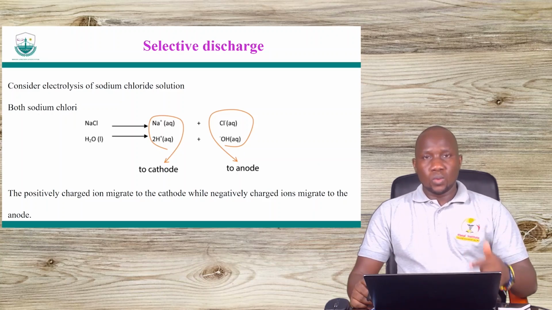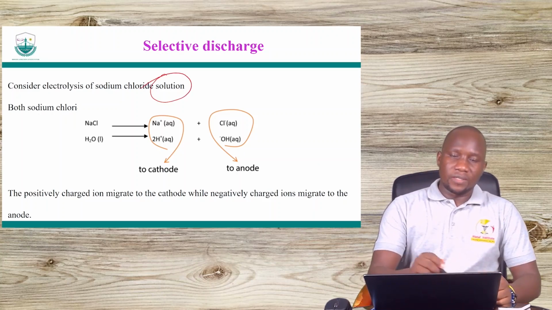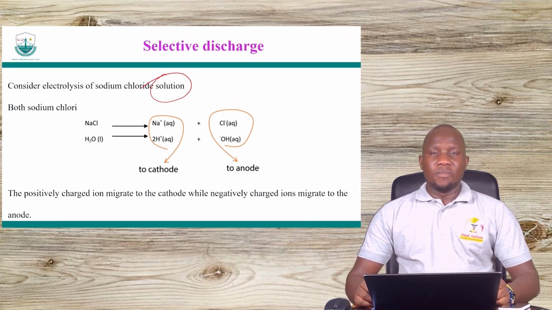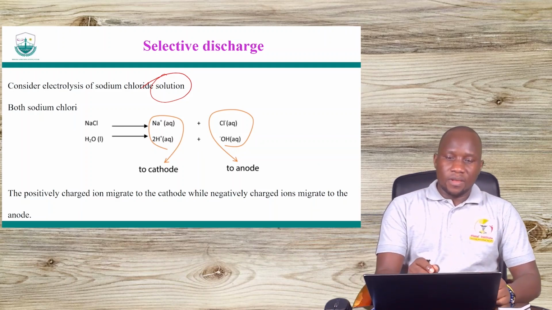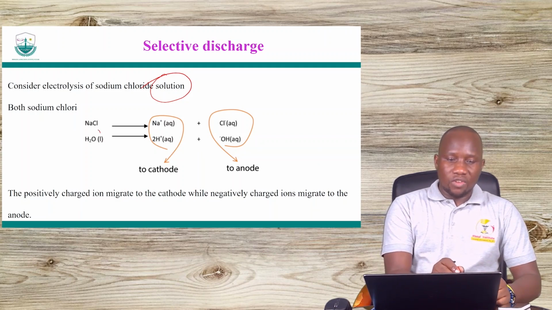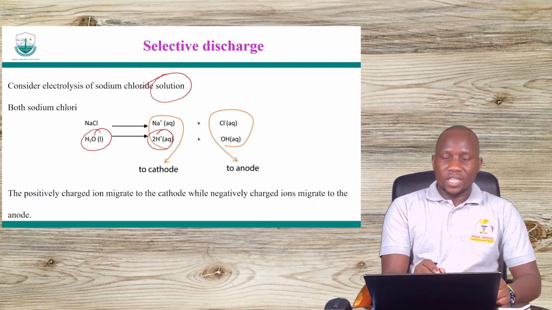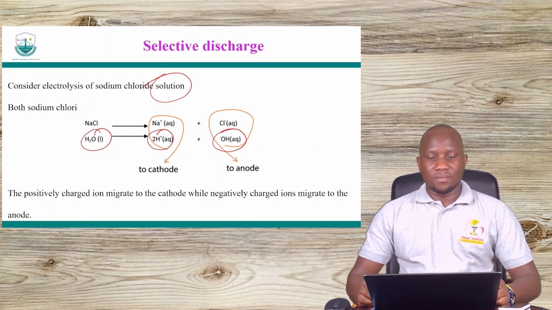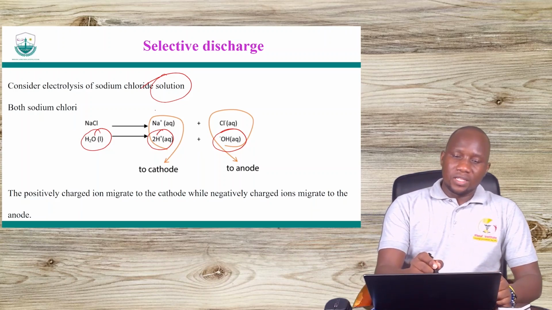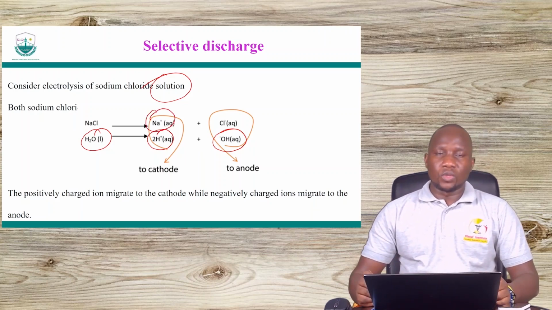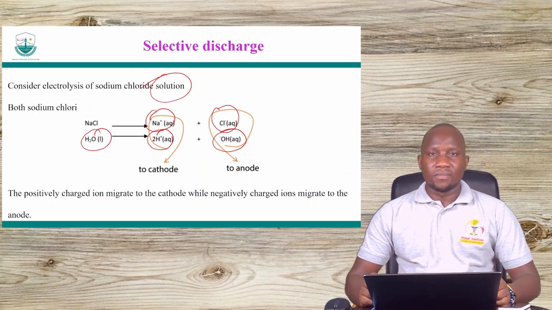If it is a dilute solution, it means you have water in there. So you also have ions that are coming from water. So for example, here you're seeing that you have water giving us hydrogen ions and the hydroxyl ions. And then you have the ions that come from the electrolyte itself, basically the salt in this case. You have those sodium ions and the chloride ions.